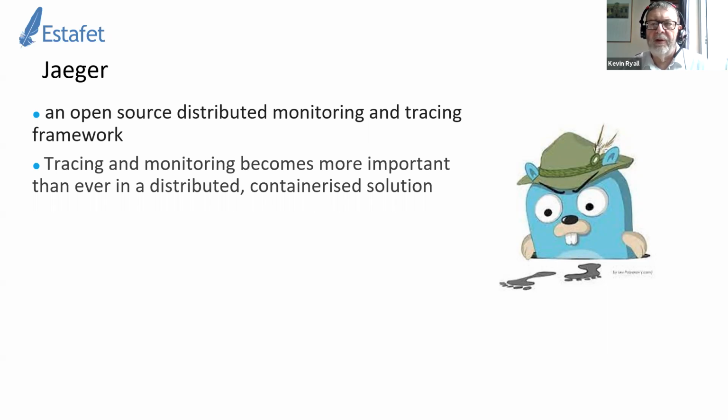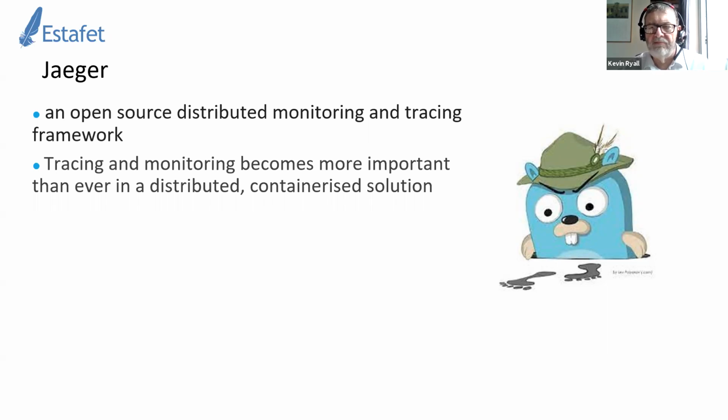It's sometimes an issue to work out exactly where the code has got to, or where particular problems are arising. So the ability to monitor and trace is very helpful.